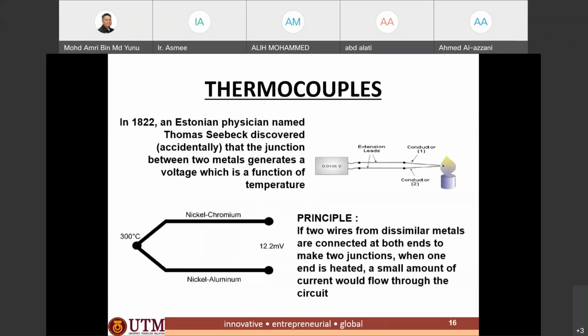Now we look into thermocouple. Basically, a thermocouple is a device based on the discovery of physicist Thomas Seebeck, who discovered that when two dissimilar metals are connected at both ends to make two junctions, and one of the ends is heated, a small current flows through the circuit.